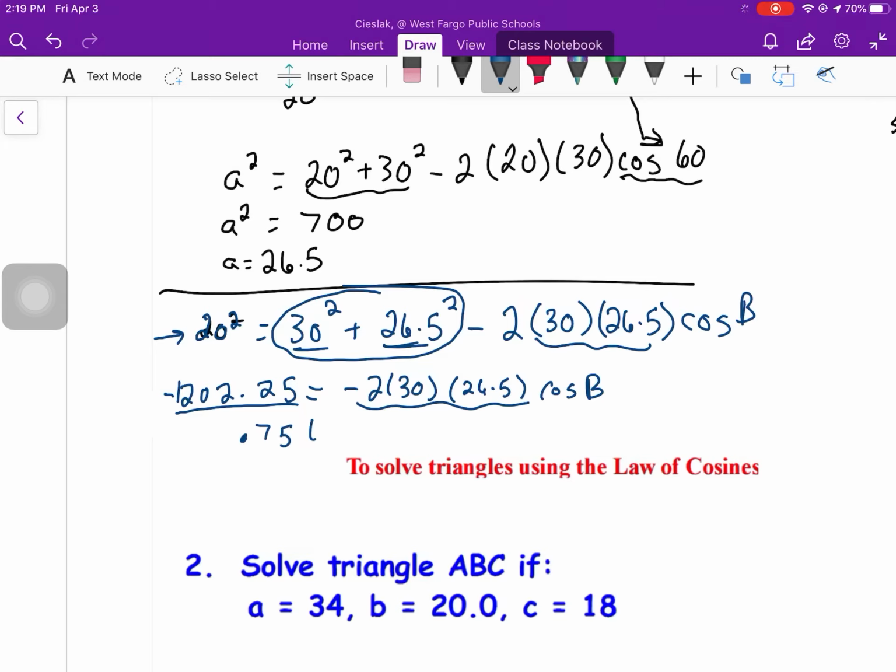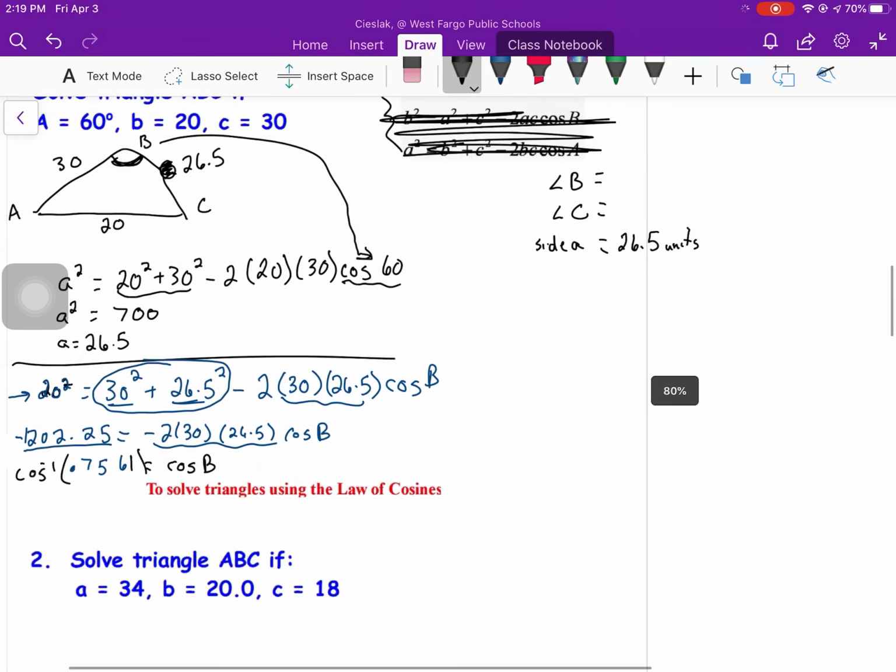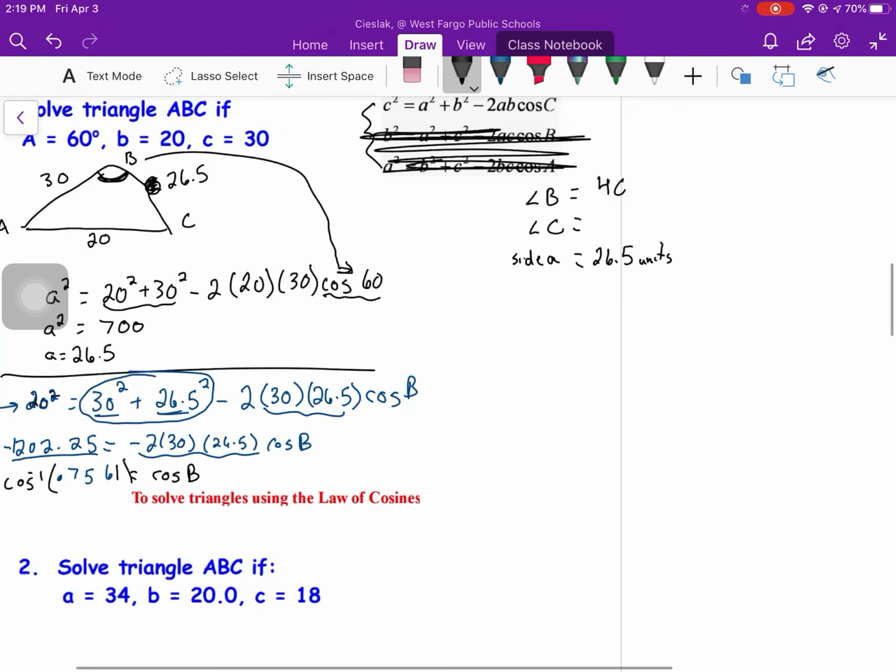That's going to give you roughly, I don't know if it comes out exactly as this, about 0.7561 is equal to cosine of B. In order to get B by itself, I've got to take the inverse cosine of that value. When you do that, we should get that B is roughly 40.9 degrees.